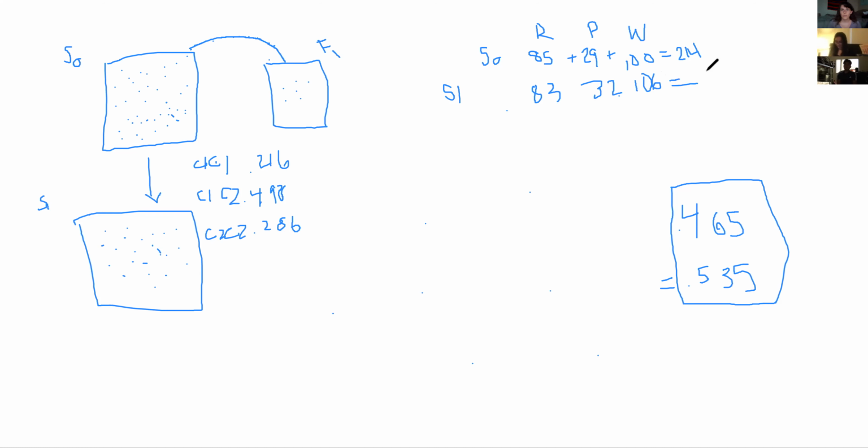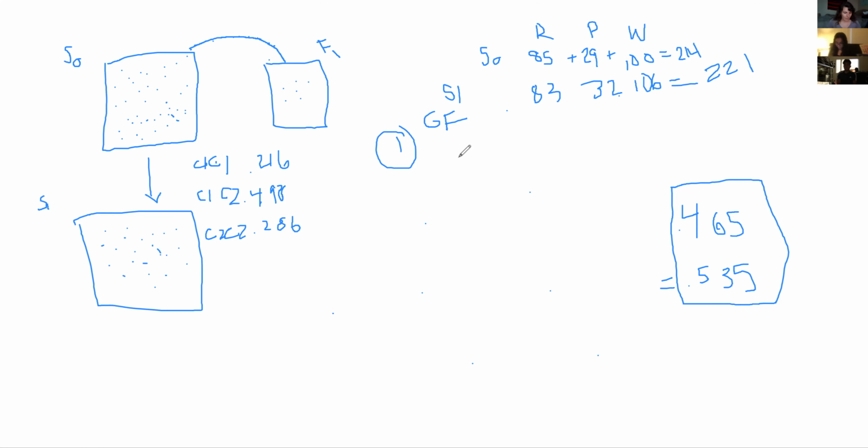We have 221 flies total in the S1 generation. So we're going back to that handy dandy step 1, the genotype frequency one, to see what the genotype frequencies are for our S1 generation. Now these are the real ones, not what we expect to see, but what we actually saw.